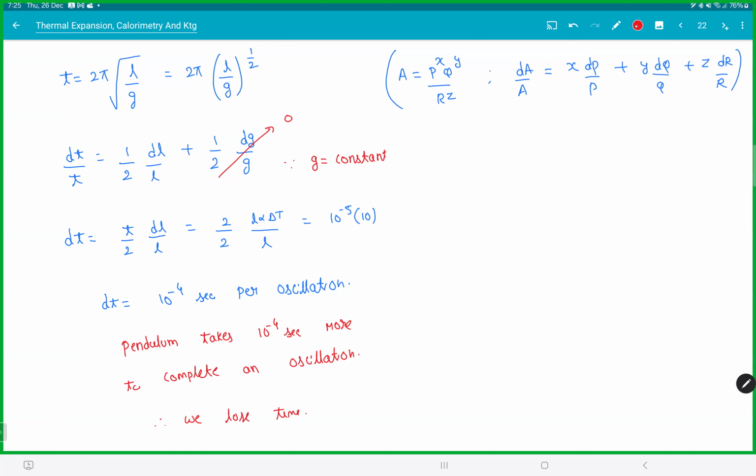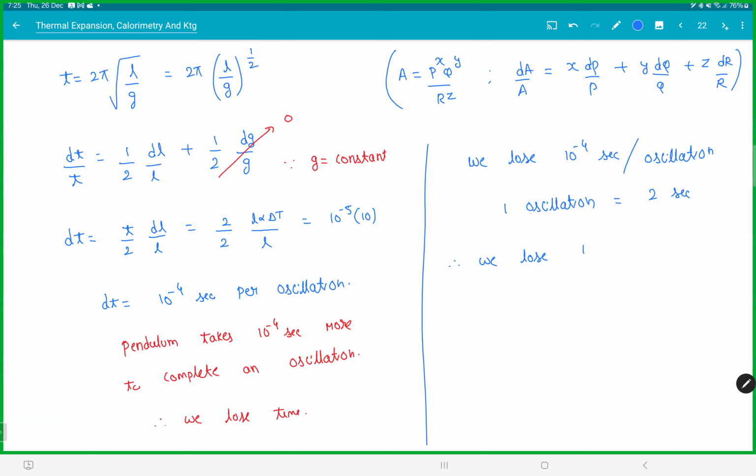We are losing 10 power minus 4 seconds per oscillation, right? But one oscillation is 2 seconds. It's a seconds pendulum. Therefore, we lose 10 power minus 4 by 2 seconds per every 1 second.